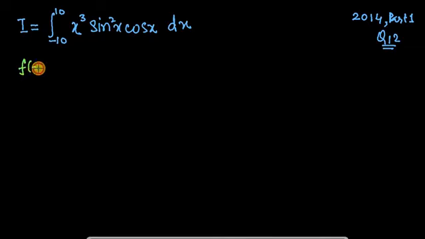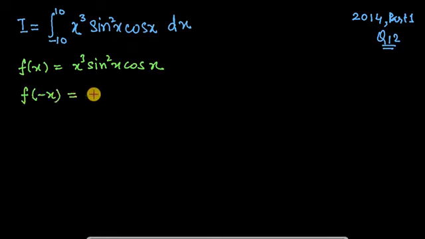So we can say f(x) is equal to x cube sine square x cos x. If we replace this x by minus x, it will be f of minus x, which is equal to minus x whole cube sine square of minus x multiplied by cos of minus x.